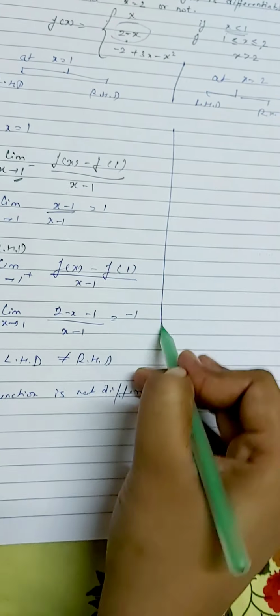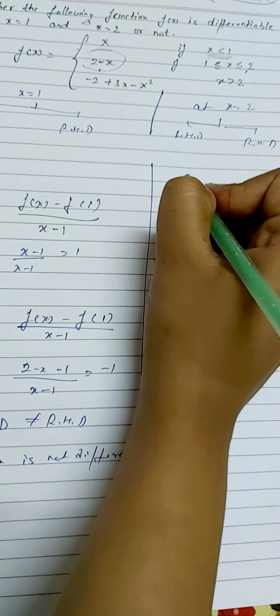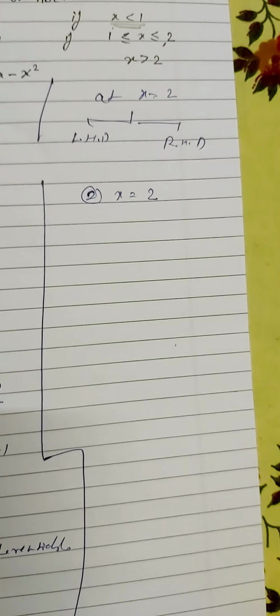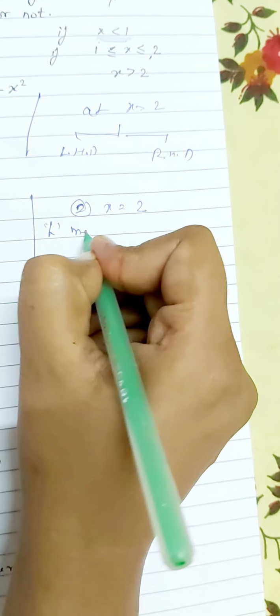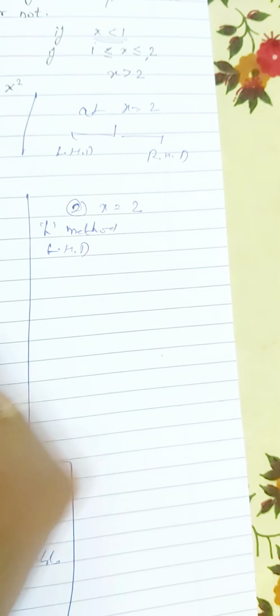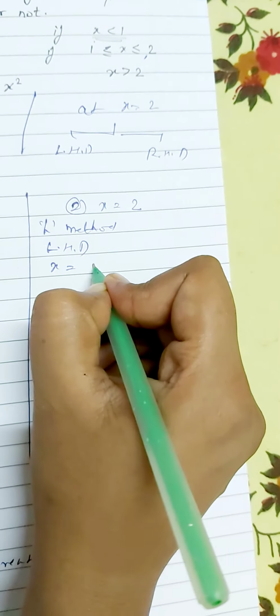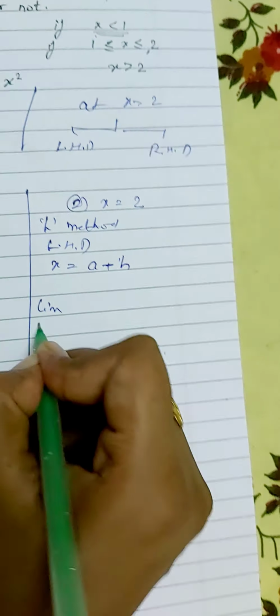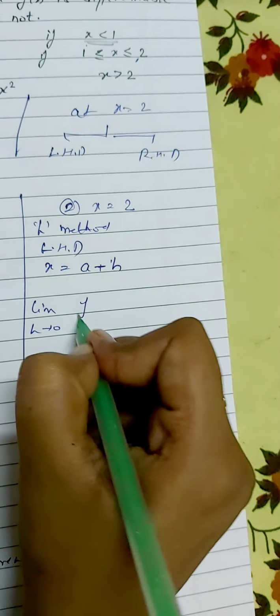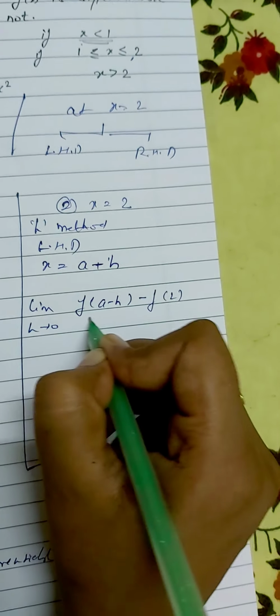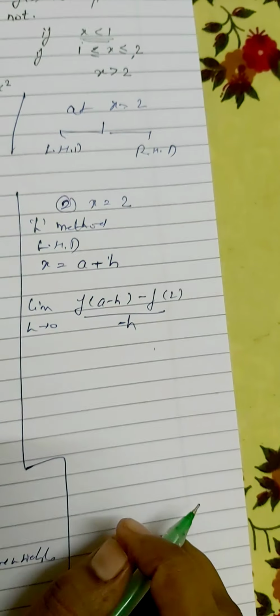The same concept I will follow for x equals 2, showing you with the h method. Left hand derivative: x is a minus h, so limit h tends to 0 of (f(a minus h) minus f(2)) divided by minus h.